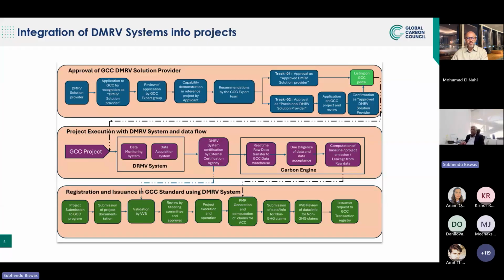So as the project progresses, it undergoes validation and registration. Post that, once it's executed, the PMR or the monitoring report and the claims are automatically generated by the DMRV solution. And this undergoes the next part. We as GCC not only look at GHG claims, but also at non-GHG claims. So there are two parts.